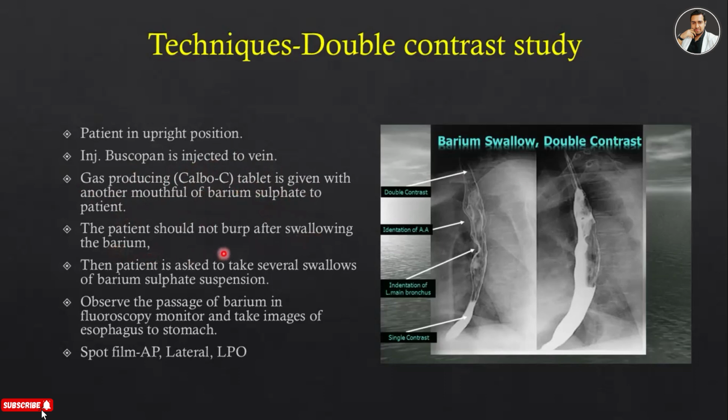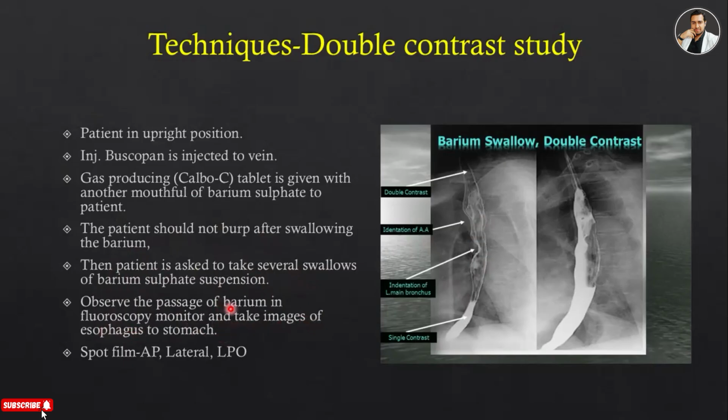And then barium sulfate is given, and he swallows the barium sulfate, and in the meantime gas is produced in the esophagus, and then the patient is asked to take several swallows of barium sulfate suspension and observe the passage of barium on the fluoroscopy monitor and take images of the esophagus to stomach.